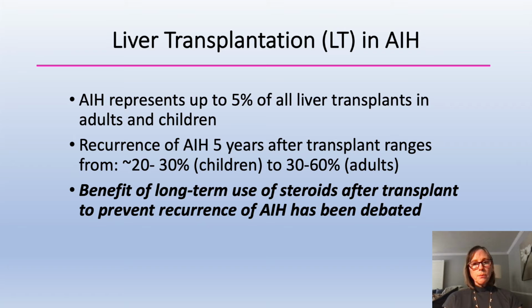And for many years, even decades, many clinicians have used steroids long-term or indefinitely after transplant to try and prevent recurrence of autoimmune hepatitis. And this chronic use of steroids, usually prednisone, has been debated in the past many years.